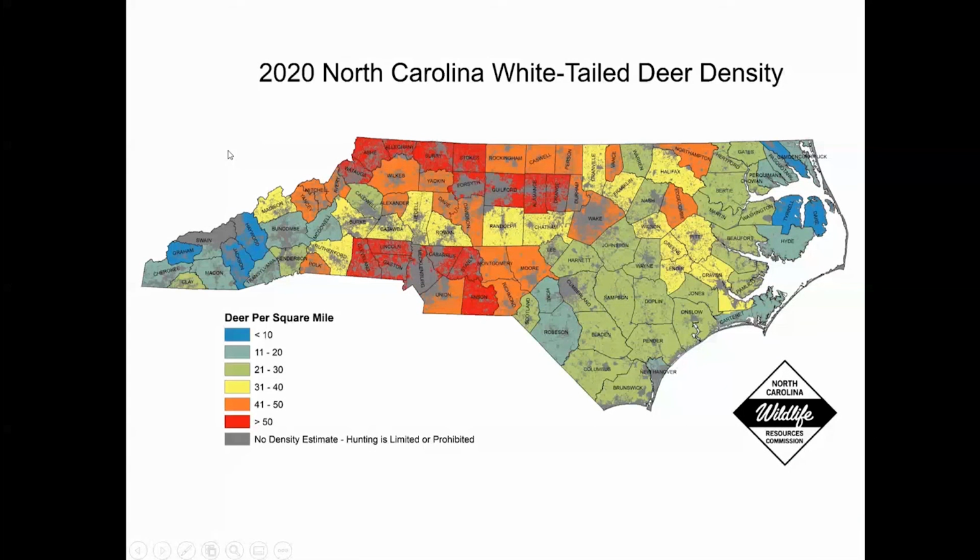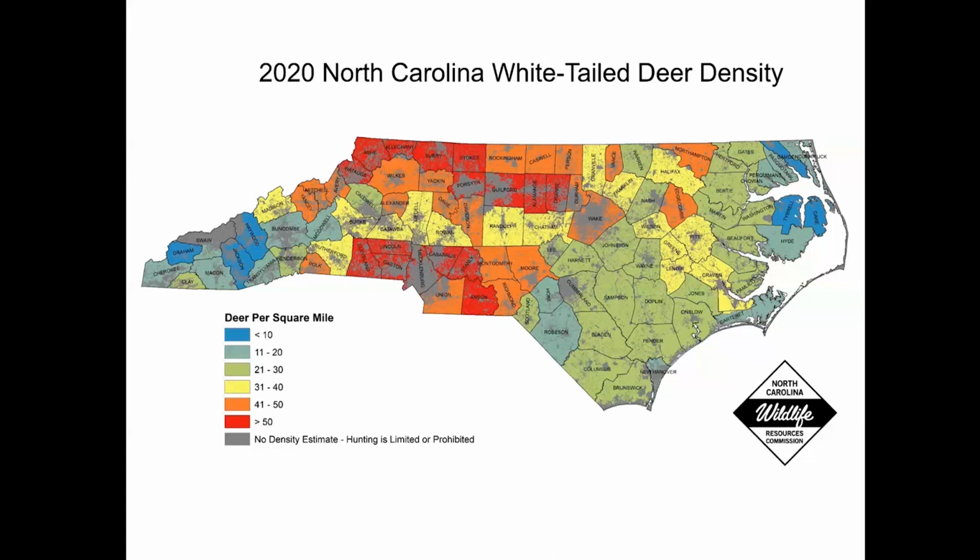And then lastly, this map here is our most recent deer density estimate map. I've included this because it represents using multiple databases, and I think the fancy term for that is data fusion, where we use our harvest estimates from our hunter harvest survey, and our age structure data from our biological data collection.